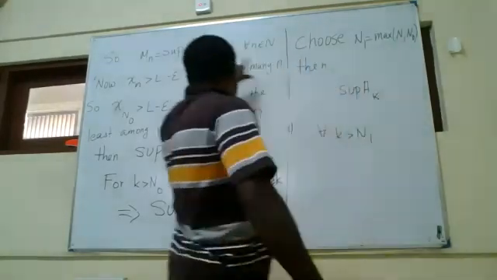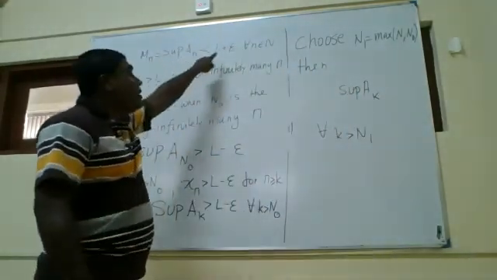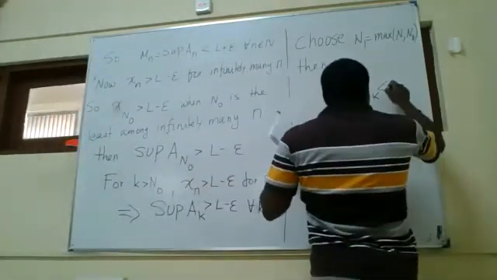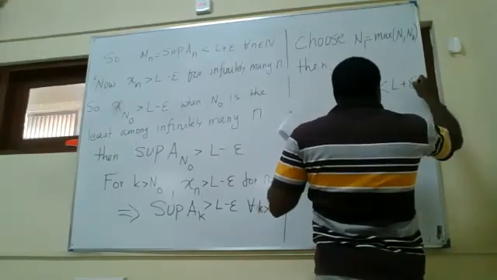If k is greater than N, then the supremum of this is less than L plus epsilon, right? So this says this is less than L plus epsilon.